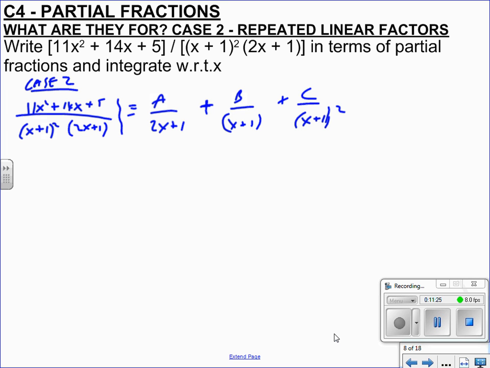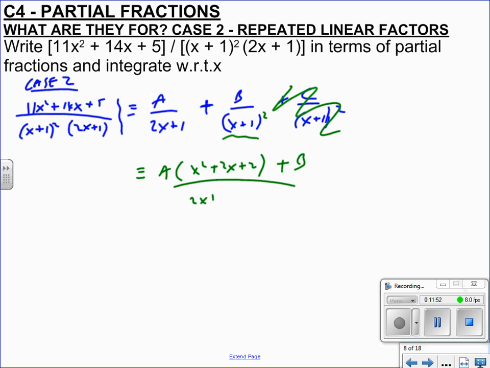And you can see it's not going to work because you need an 11x squared on the top. So straight away, this is going to produce an 11. This here on the bottom is going to produce an x squared, isn't it, if you multiply it out? If we times that up by the top, so x squared plus 2x plus 2 plus b, 2x plus 1, x plus 1 squared, a has to be 11, doesn't it?